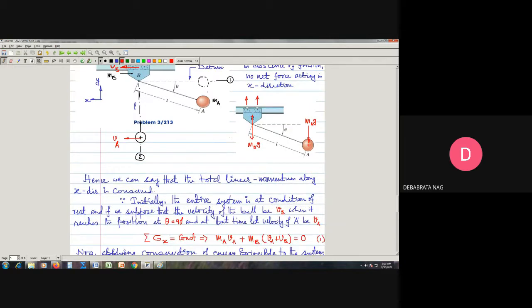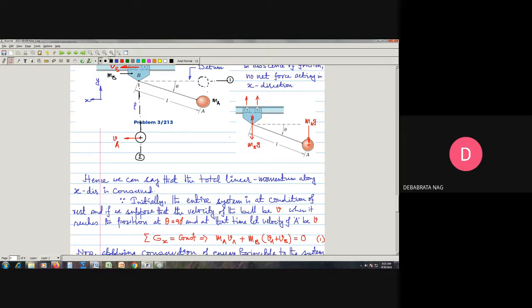Since initially the entire system is at rest, let us suppose that the velocity of the ball or the pendulum be VA. This is actually a printing mistake, this should be VA and this should be VB.